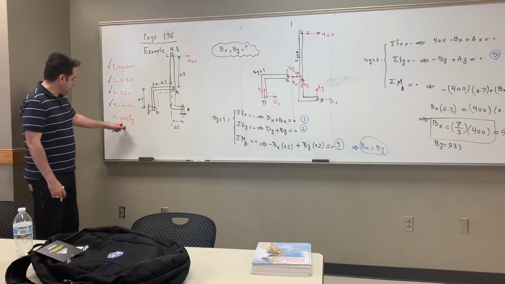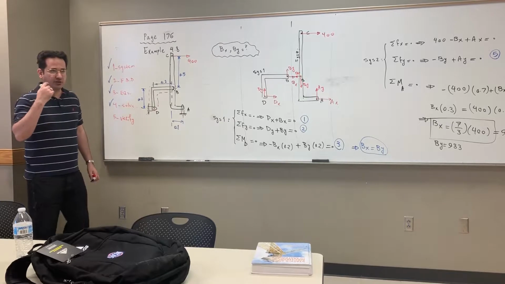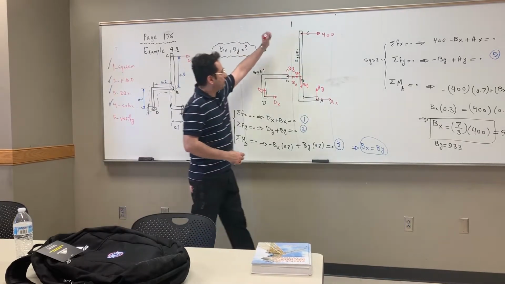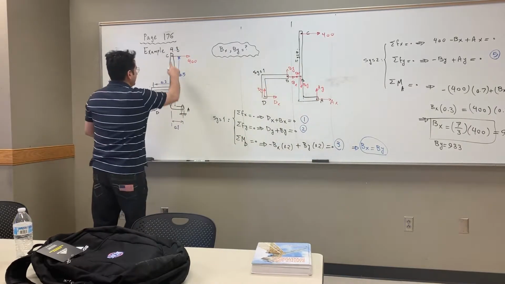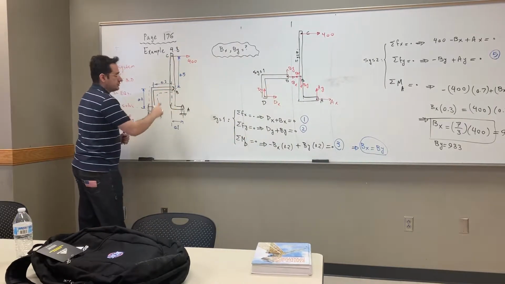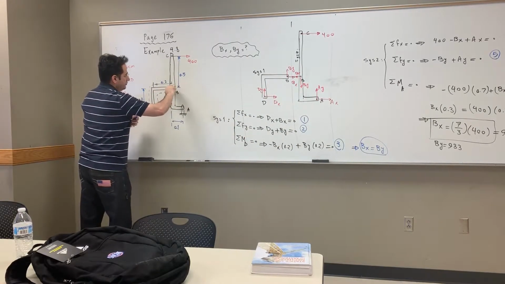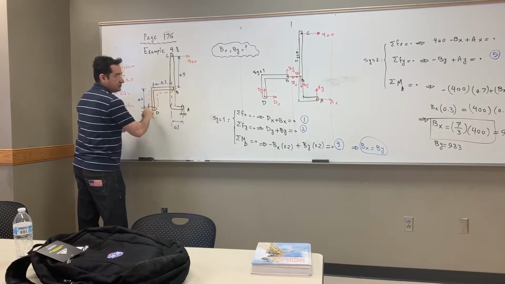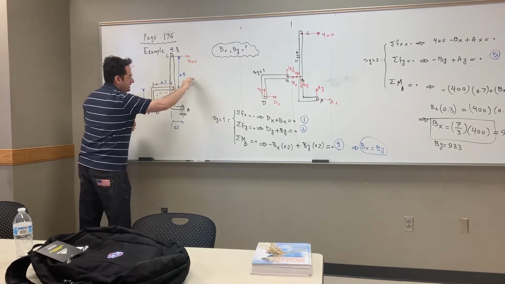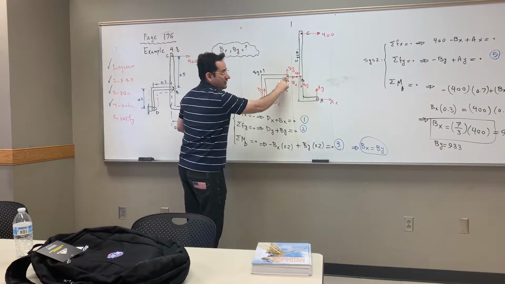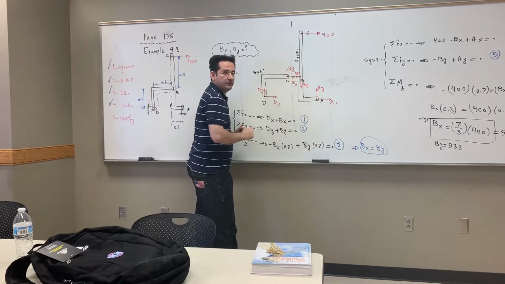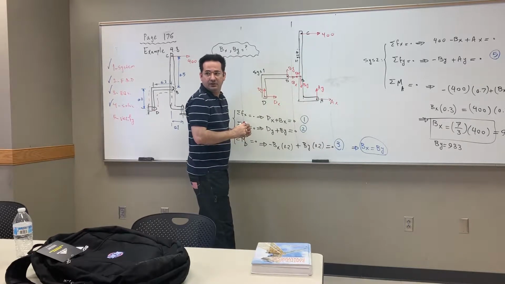Well, verification is usually based on intuition. So you say, if I put the 400 volts like that, push it like that, then this arm should apply a pulling force on this L-shaped connector. So it's going to pull it that way. So if I choose Bx in this direction, it should be positive, both Bx and By.